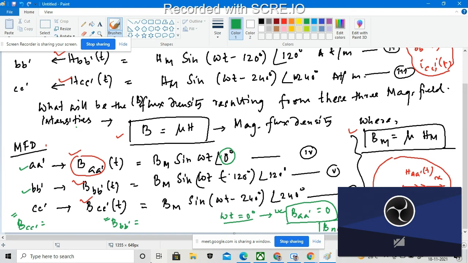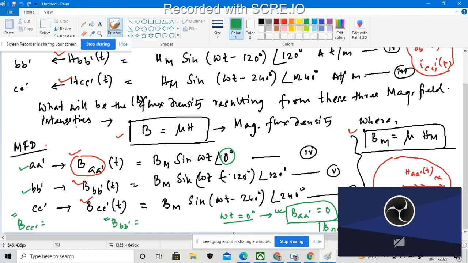So Vm sin omega t. Sir, Vm sin minus 120 degree. Yes, at an angle of 120 degree. Correct. It will be in the opposite direction to the magnetic intensity vectors. So we will not consider the omega t.